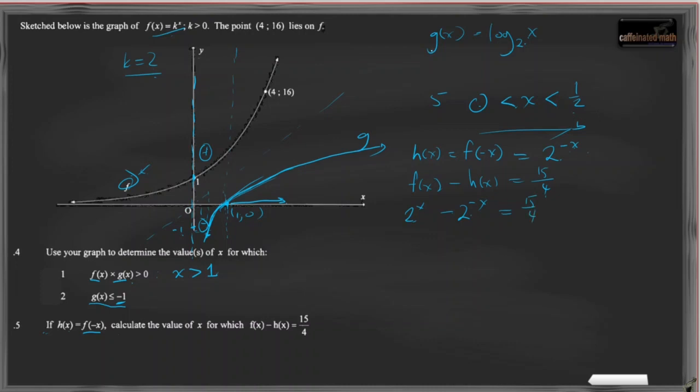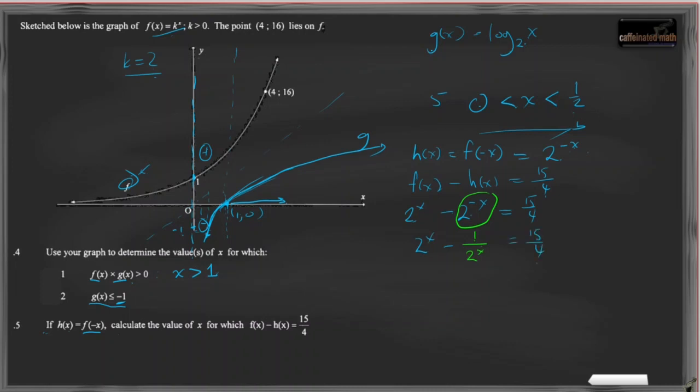We can then look at this term and convert that into 1 over 2 to the power x based on our exponent laws, and that's all equal to 15 over 4.